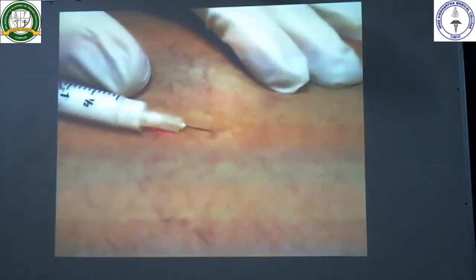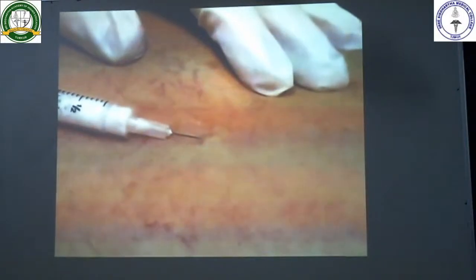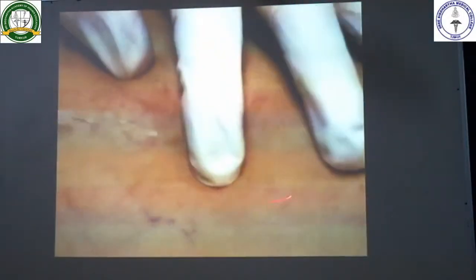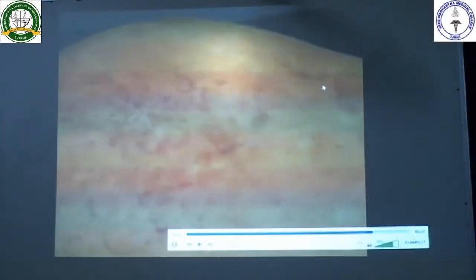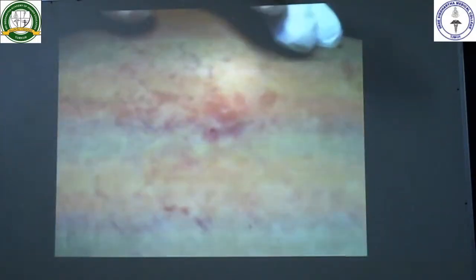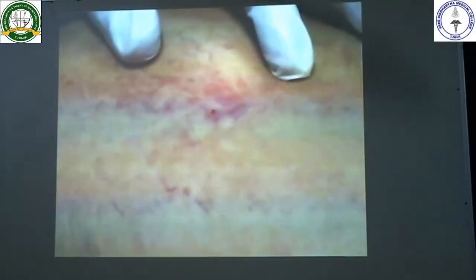So this is a cosmetic procedure. This image is foam sclerotherapy in the management of varicose vein, especially in the presence of visible signs like telangiectasia or reticular veins.